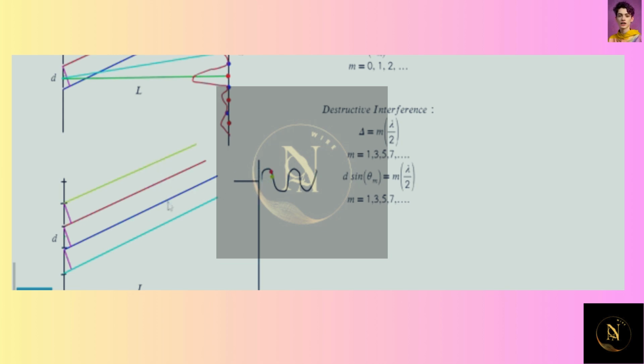But as we keep on analyzing these other rays down the diffraction grating, eventually we're going to reach one ray which completely cancels out the contribution by the red ray.